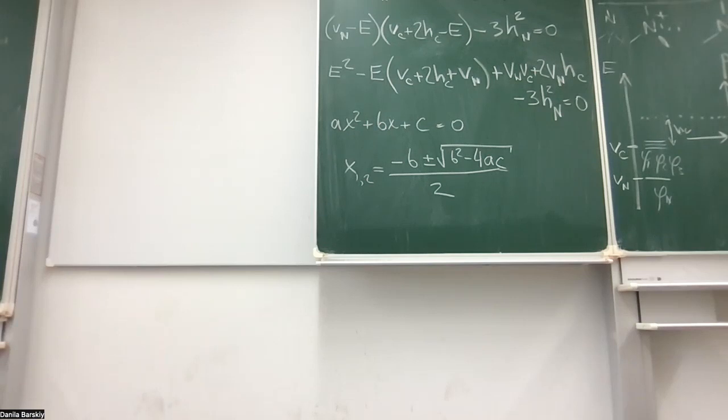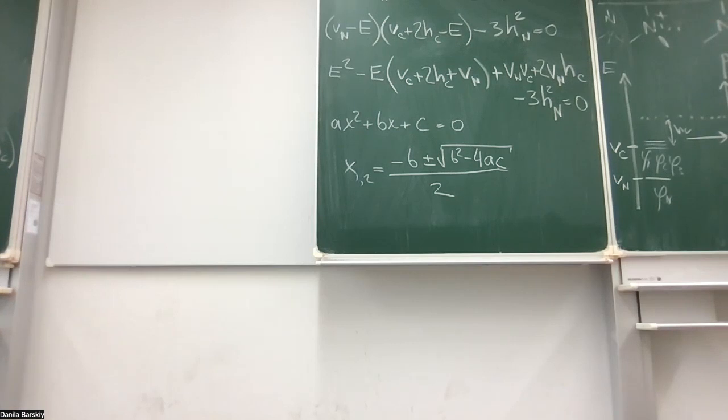Let's try to open this first bracket, but let's open it smartly. So let's keep BC plus 2HC together, squared. So you're going to have plus VN squared, right? Plus 2 VN times VC plus 2HC. And then look, so nice. And now it takes minus 4 VN.